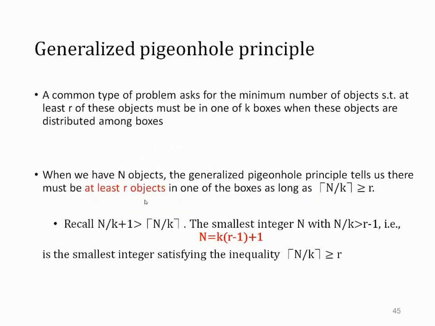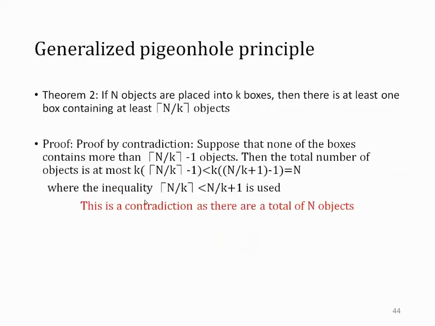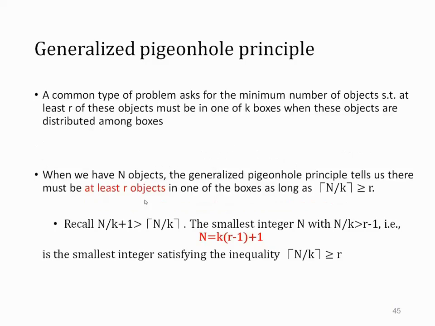Recall that when we have n objects, the generalized pigeonhole principle tells us there must be at least r objects in one of the boxes as long as the upper bound of n by k is greater than or equal to r. That is, as we have just now seen in this theorem. Recall that n by k plus 1 is greater than n by k, because if k plus 1 objects are there and you try to place them in k boxes, then at least one box should have more than one object.